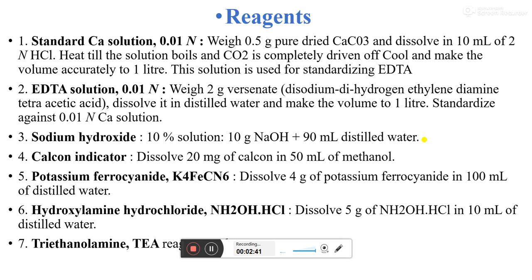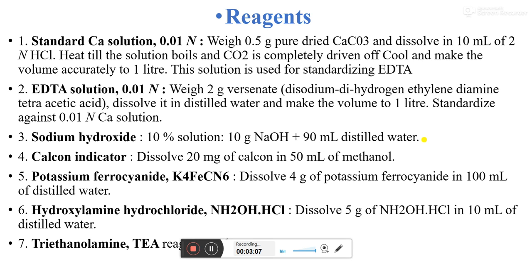The next one is reagents. First, standard calcium solution, which is 0.01 normal. For that, weigh 0.5 gram of pure dried calcium carbonate and dissolve it in 10 ml of 2 normal HCl. This is the procedure for the preparation of standard calcium solution.